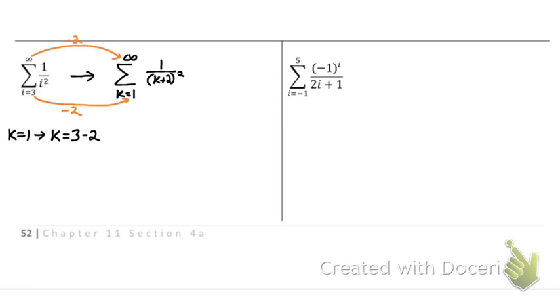That's going to allow me to take that I and plug that in for that 3, which would give me k equals I minus 2. Add 2 to both sides, we should have I equals k plus 2. Well, that's what we had. We replaced that I with k plus 2.